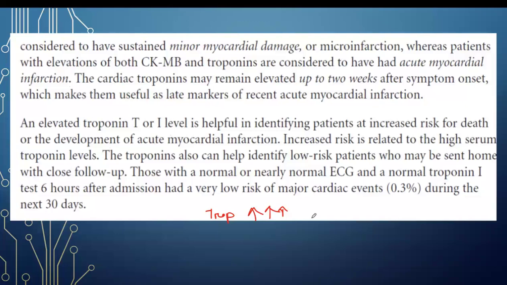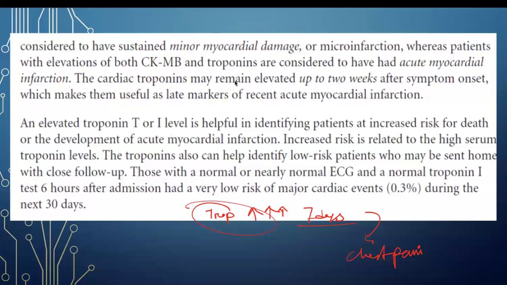But a few days later, the patient again started to get chest pain. Let's say the initial episode was 7 days ago, and after 7 days the patient again started to get chest pain. What will be your best cardiac enzyme in such a case? Troponin, myoglobin, or the CKMB?